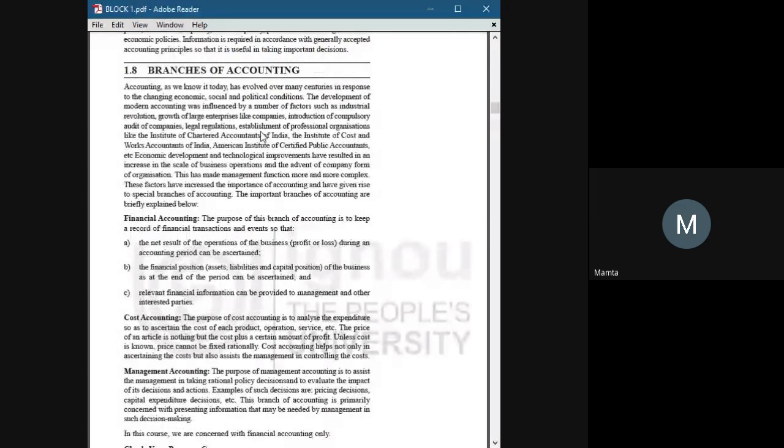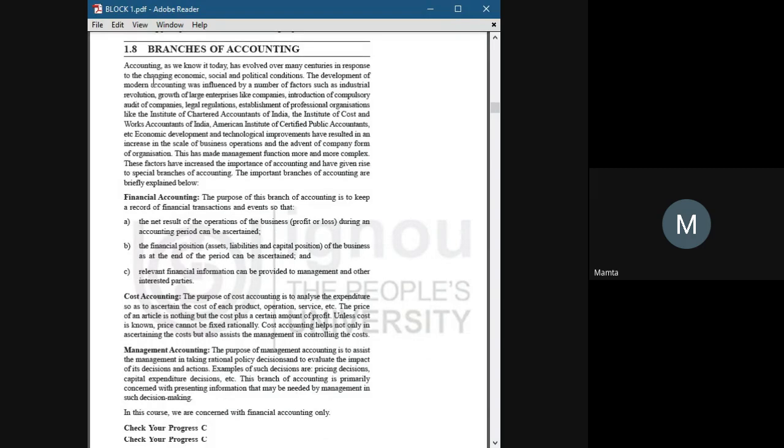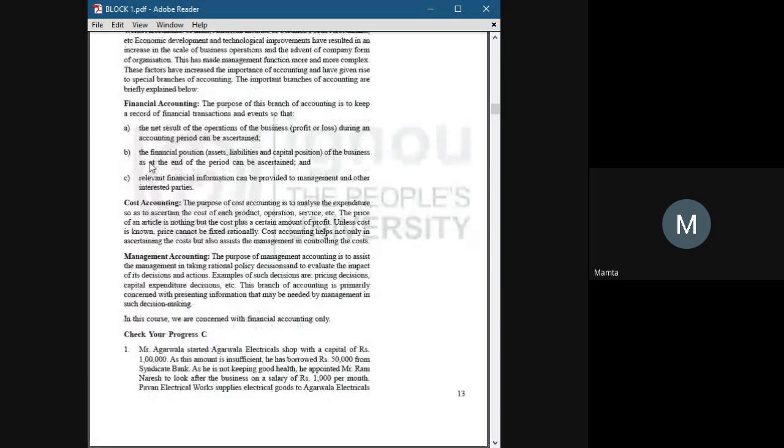Branches of accounting. We have three branches of accounting: financial accounting, cost accounting, and management accounting. This part of accounting, which is financial accounting, is based on final accounts.